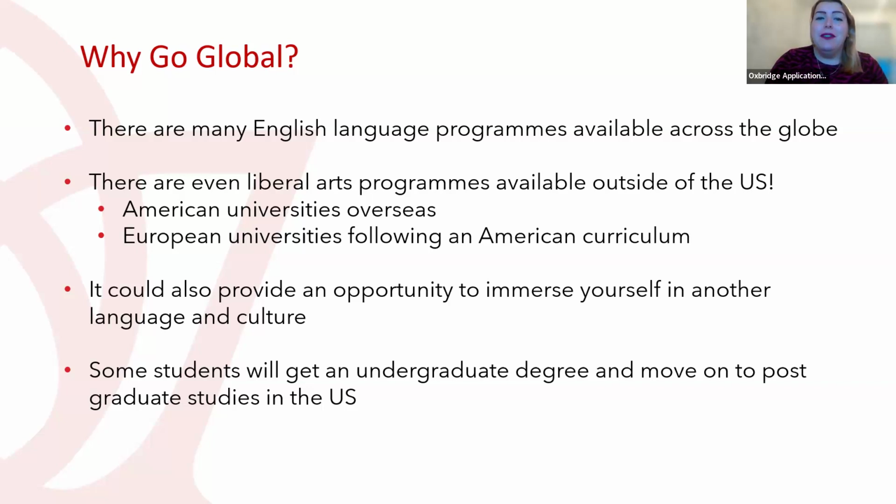So if you're here studying the IB and you've got lots of different subjects that you enjoy, or if your A levels, for example, are really varied and mixed, then you might find that choosing a specific program in the UK is really limiting and feels quite narrow.